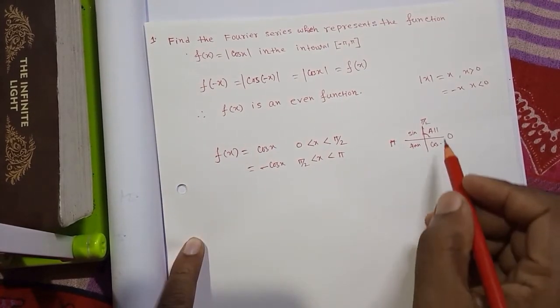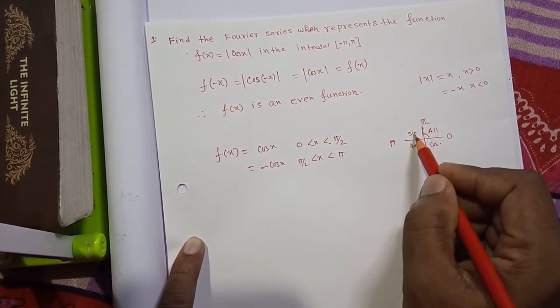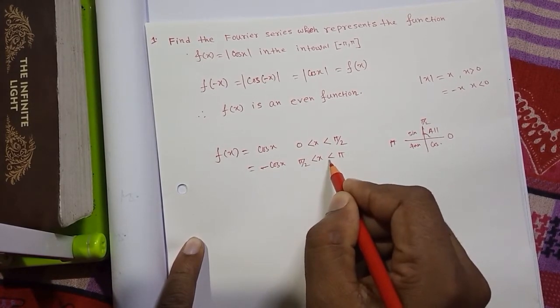In the first quadrant cos is positive and in the second quadrant cos is negative.